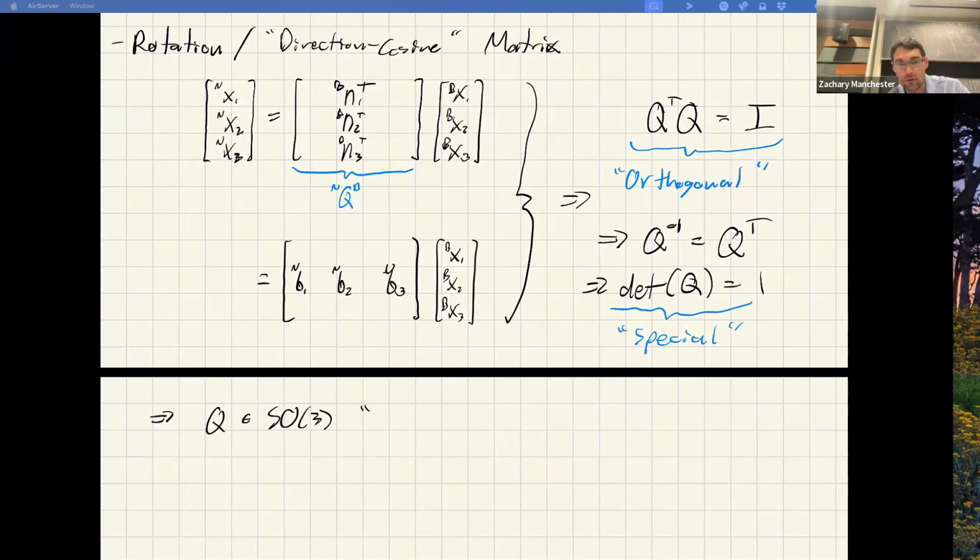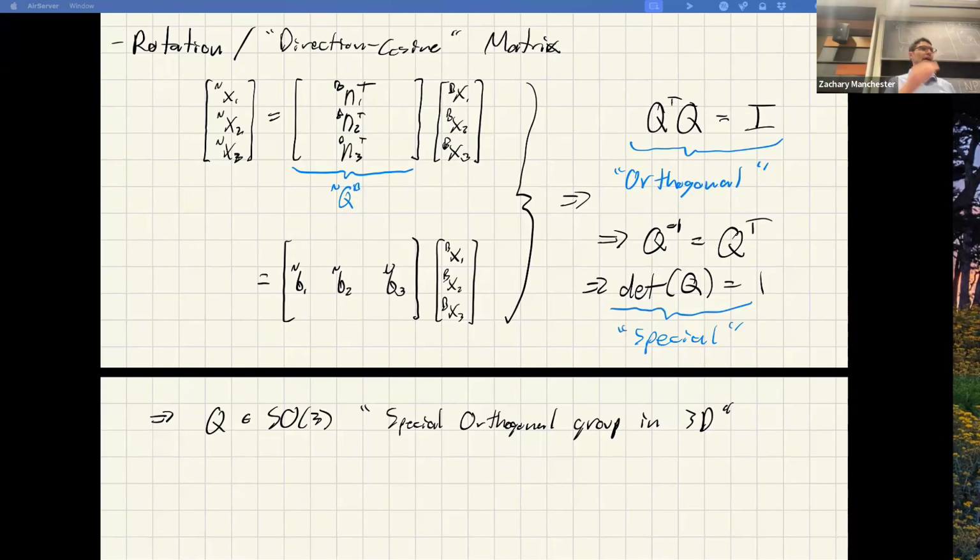You say this out loud as Q is in SO3, or the special orthogonal group in 3D. Everything stays the same except if you want 4D rotations, it's SO4. The special and the orthogonal stay the same; you just have 4x4 matrices instead. So you can do this in any dimension you want. The rotation matrices in any dimension have these properties.